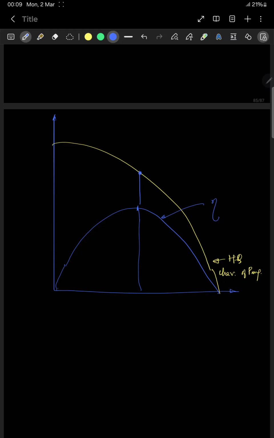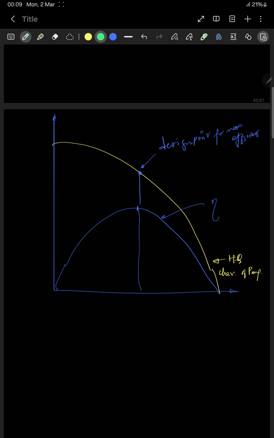This is the operating point. For max efficiency, this is not the operating point, but this is the design point. Design point for maximum efficiency, right?